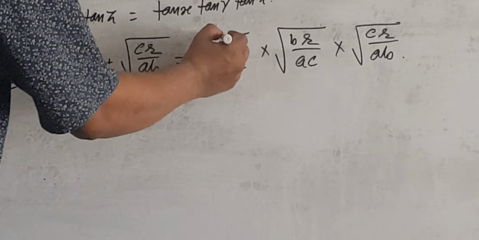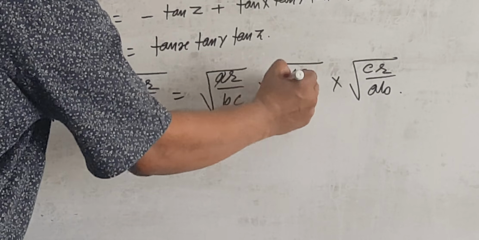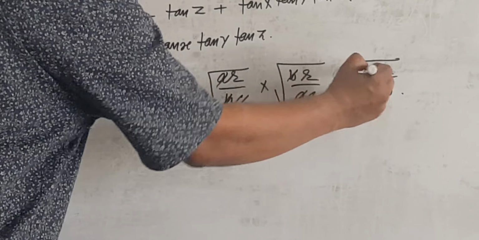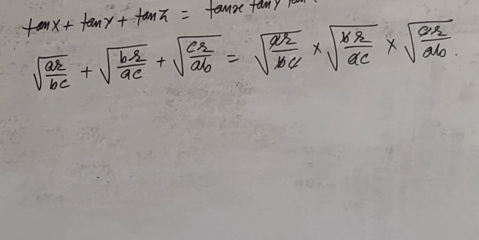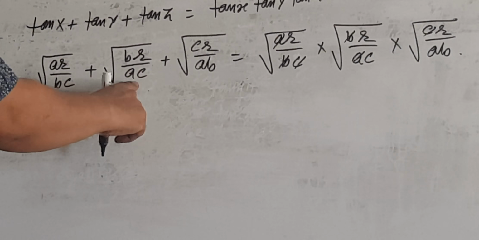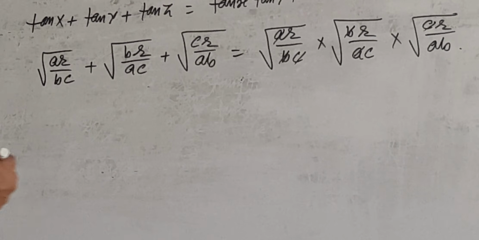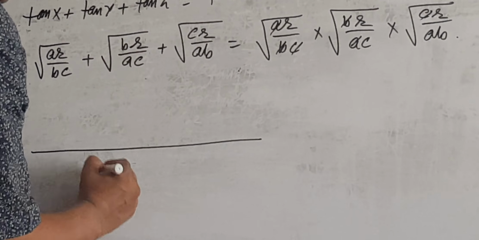You can see in the multiplication form this A cancels, this B cancels, and this C cancels. And here, what we do here, this BC, AC, and AB. So if I take the LCM, then it should be what? Root ABC.